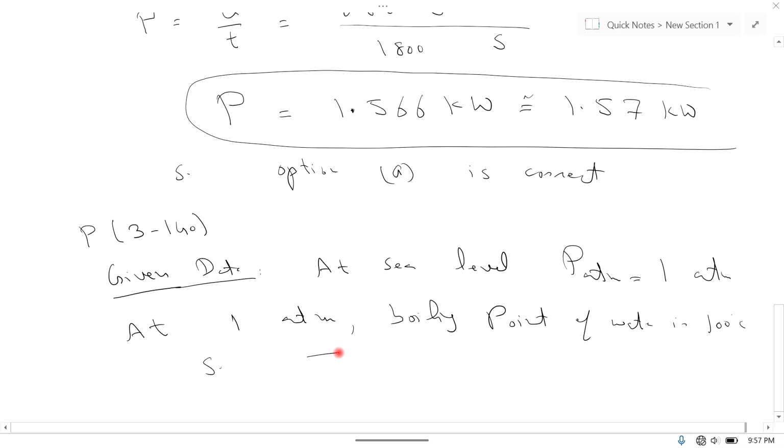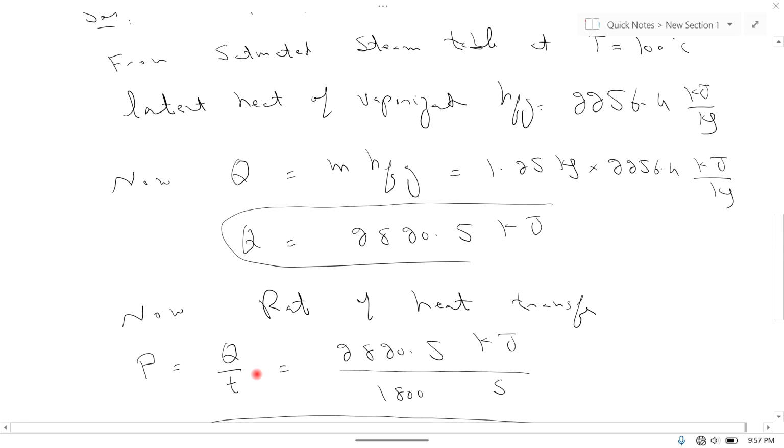So it means that temperature is equal to 100 degrees centigrade.